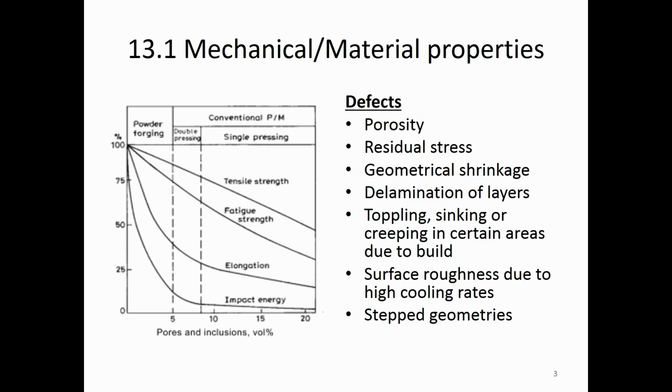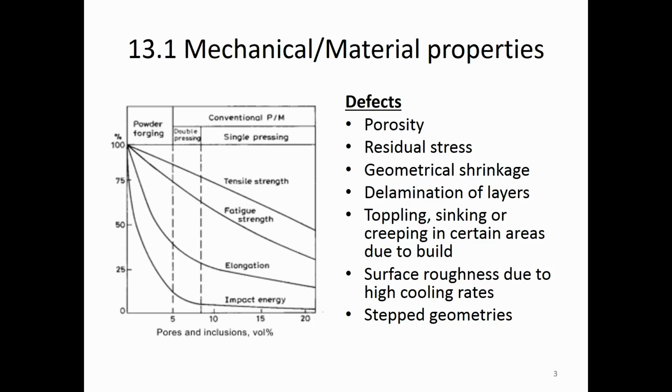This shows how the different mechanical properties that you might be interested in, from tensile properties to fatigue properties all the way down to the elongation and impact, are affected by relatively small amounts of porosity. And you can see in that first instance of less than 5% porosity or inclusion, and we have both at times, there are very drastic drops in some of the properties, particularly elongation and fatigue strength, even with relatively small amounts of porosity.